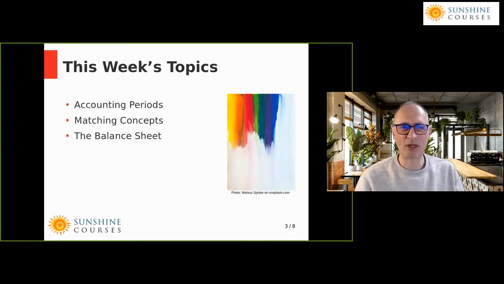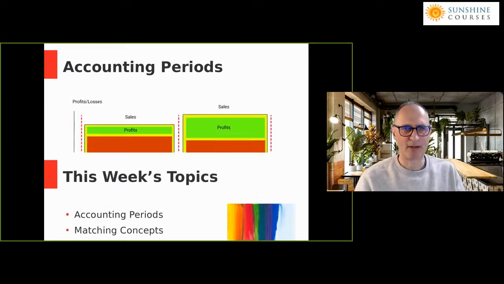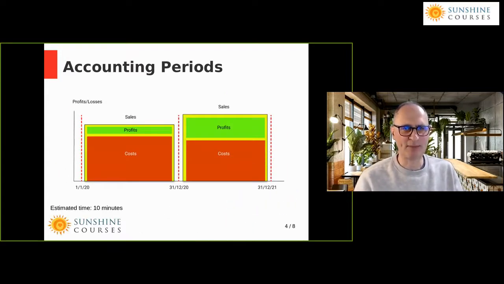And the better you understand the concepts, the easier accounting becomes. And then we're going to look at the balance sheet, which is the summary of all the balances once you've dealt with the matching concept. So I want to start by talking about the accounting periods.